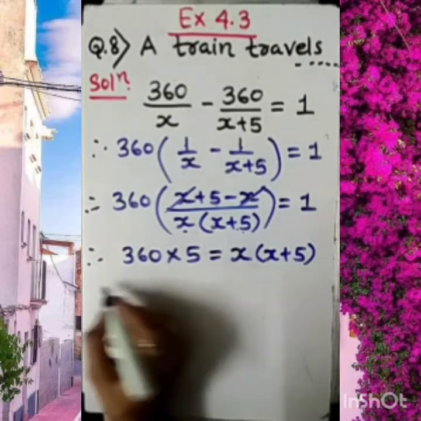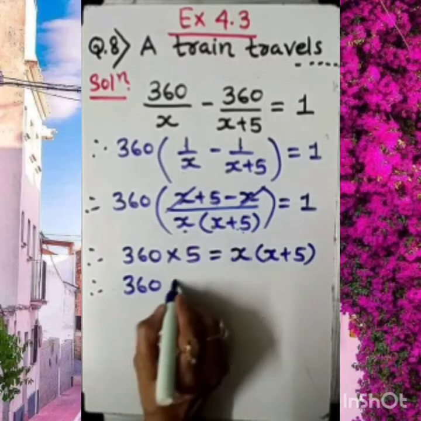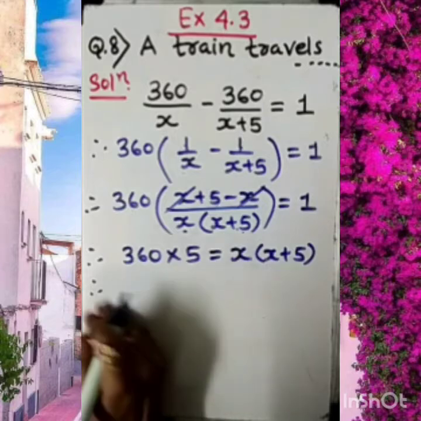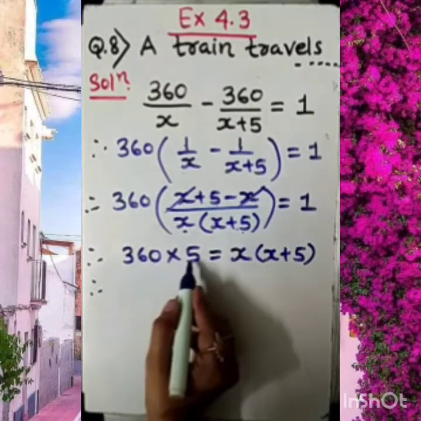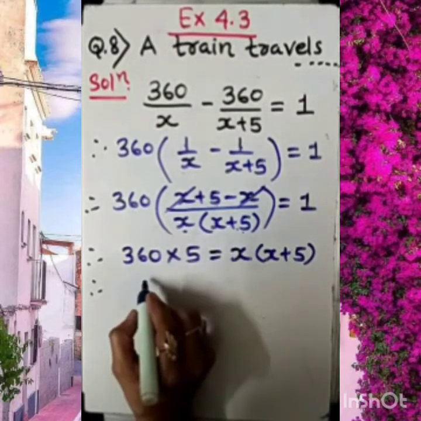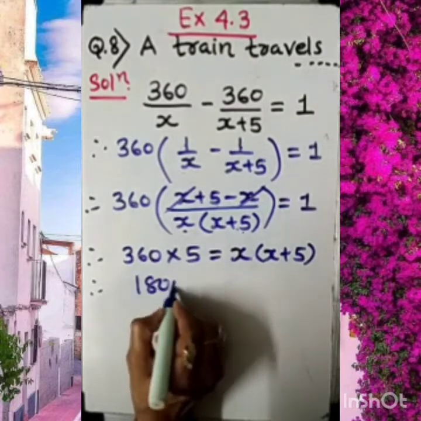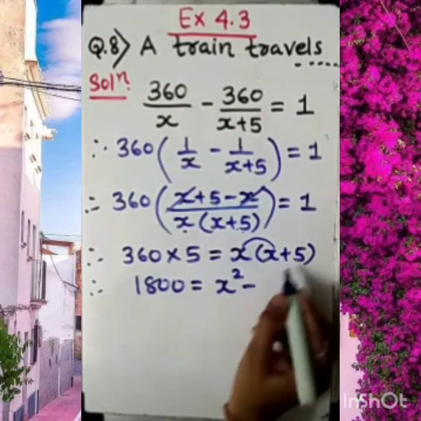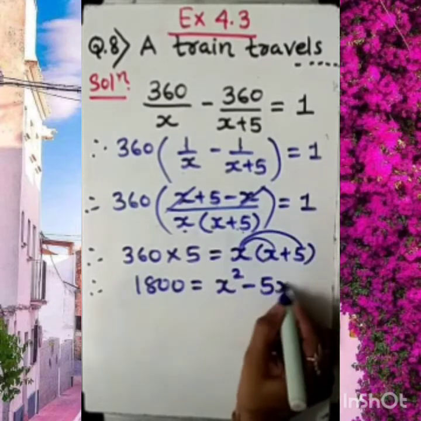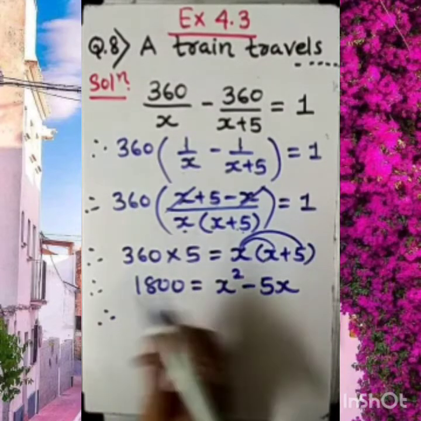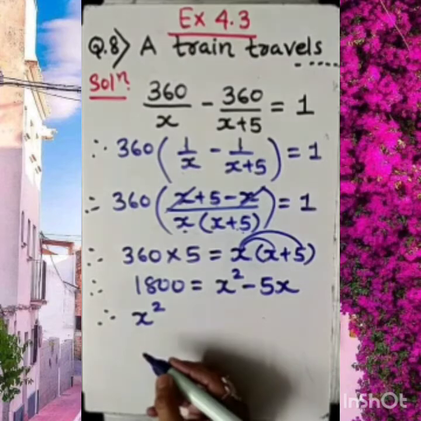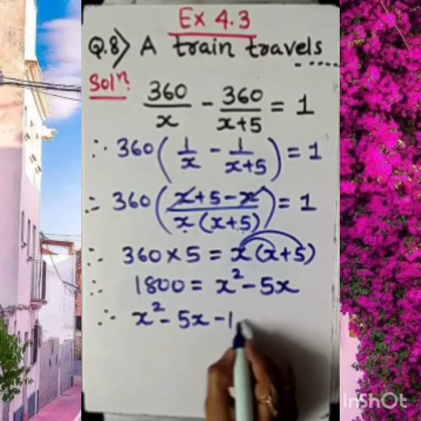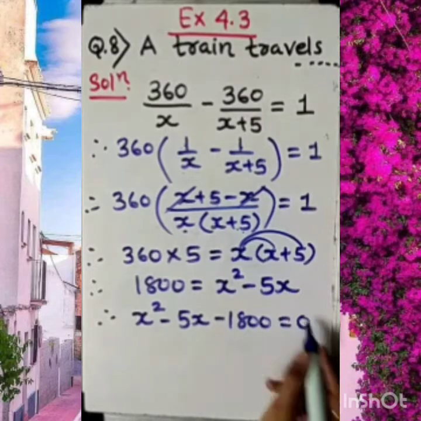Now let's convert into a simple equation, that is a quadratic equation. 360 multiplied by 5 gives 1800, and on the other side x into x is x square plus 5 into x is 5x. Bringing 1800 to that side, I will have x square plus 5x minus 1800, which is equal to 0.